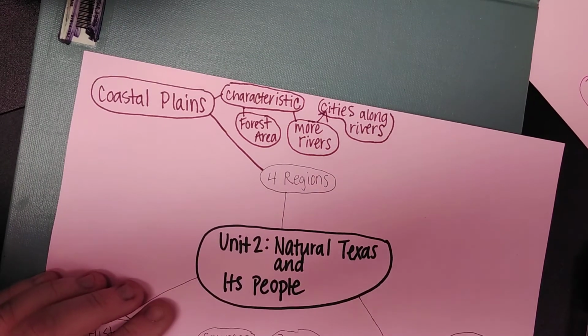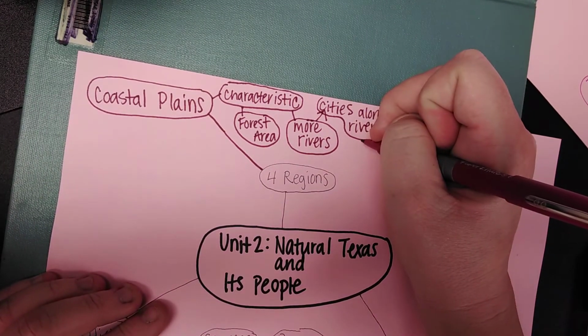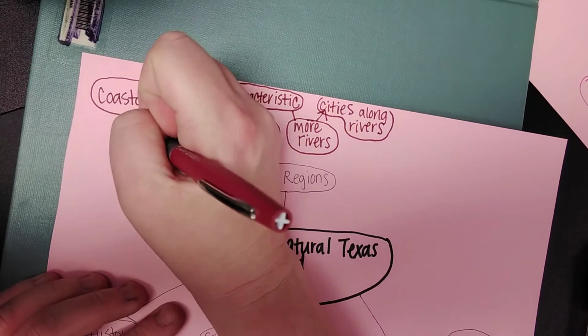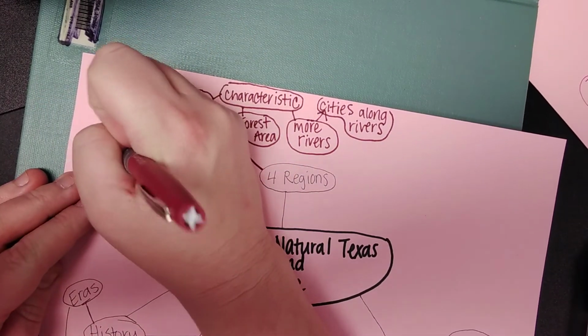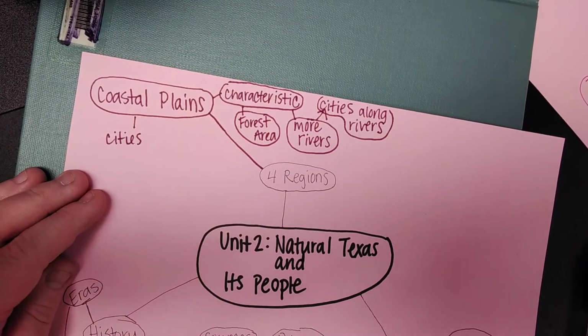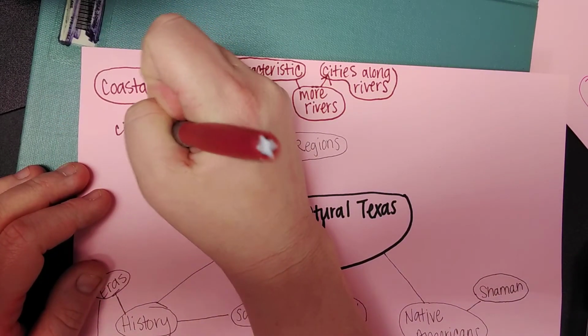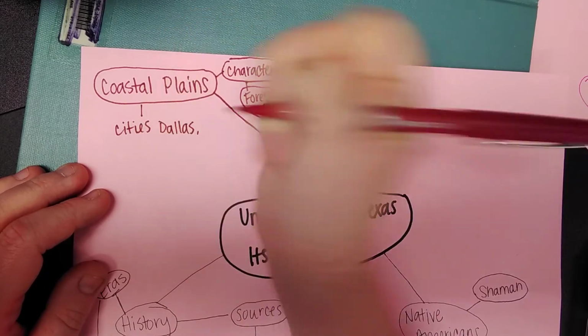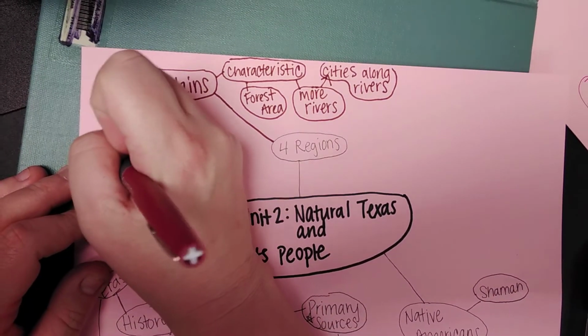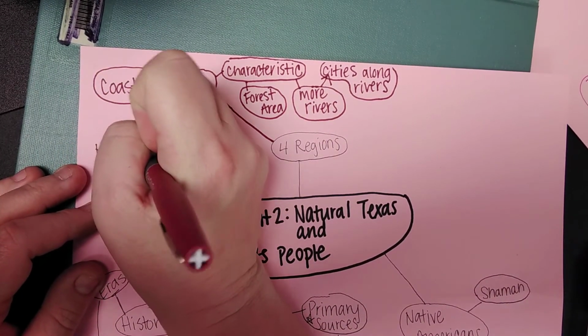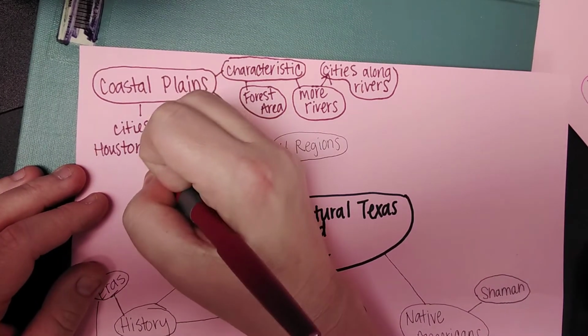Some of the large cities that you'll need to know about, oh, this is getting messy. Let's go over here. Okay, some of the large cities in the coastal plains that you'll need to know are Dallas. It specifically asks that on your test. And Houston specifically asks that.